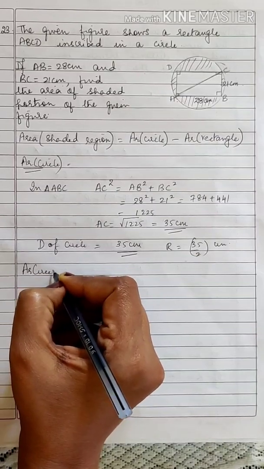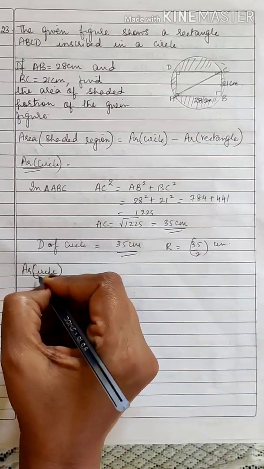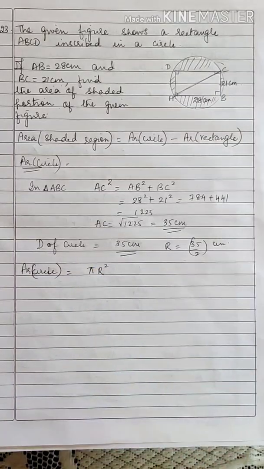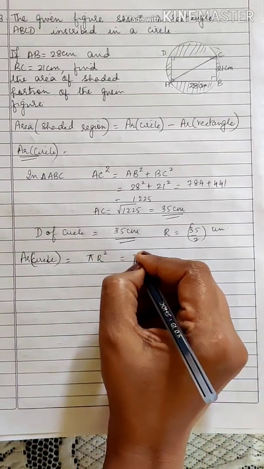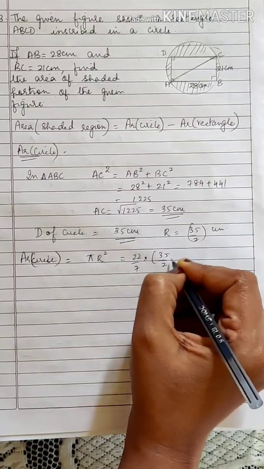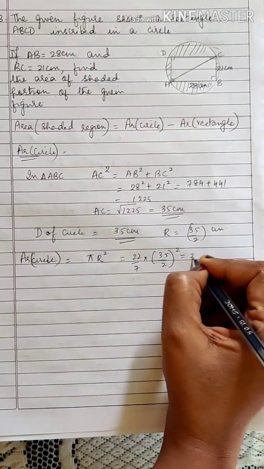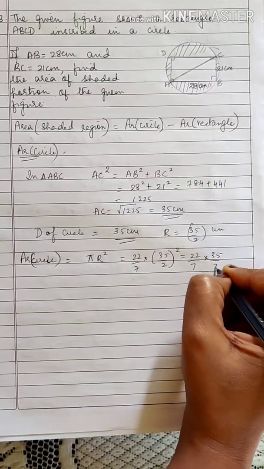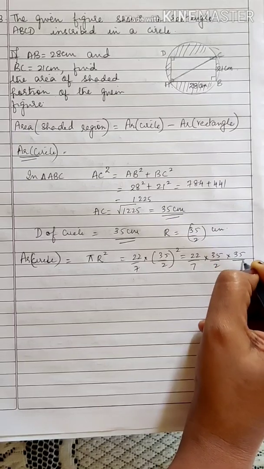Area of the circle is given by pi r square. So this will become 22 by 7 into 35 by 2 the whole square, which will be 22 by 7 into 35 by 2 into 35 by 2.